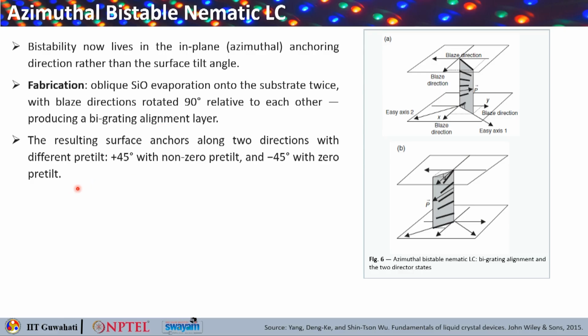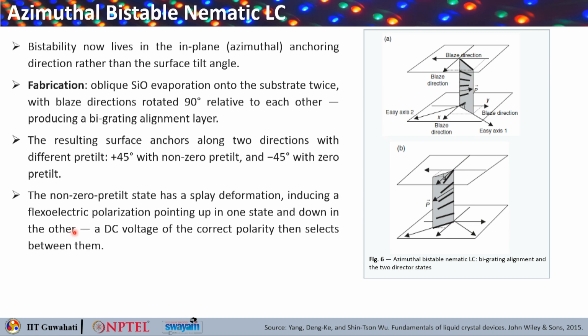The resulting surface anchors along two directions with different pre-tilt: plus 45° with non-zero pre-tilt and minus 45° with zero pre-tilt. The non-zero pre-tilt has a splay deformation inducing a flexoelectric polarization, pointing up in one state and down in another. So, a DC voltage of the correct polarity can select between them.